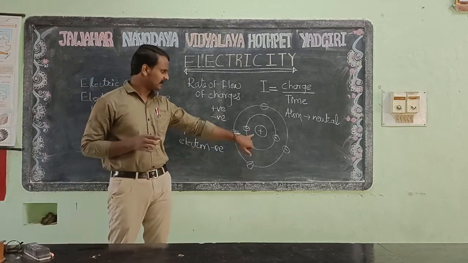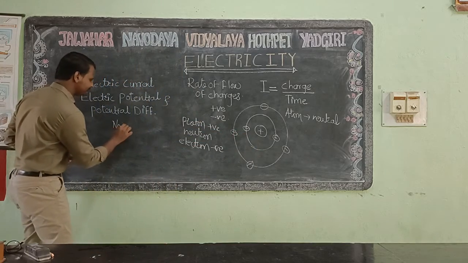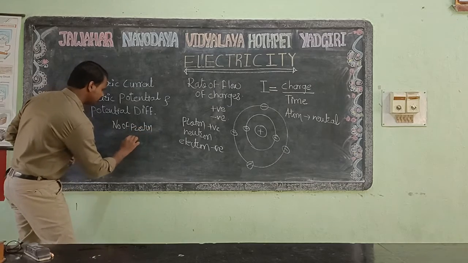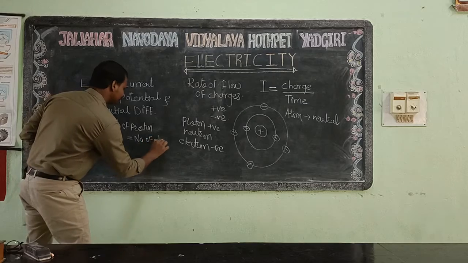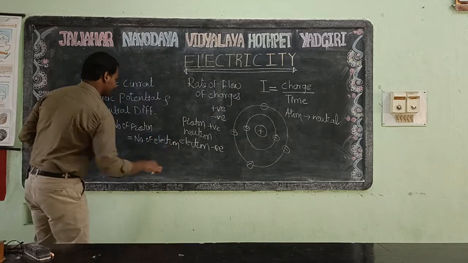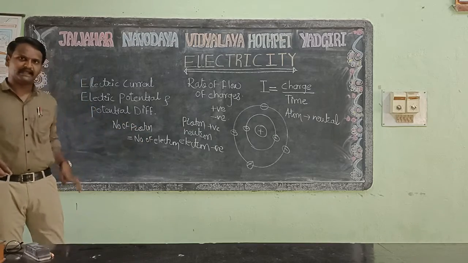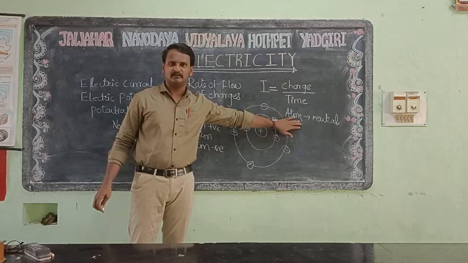Now the main part is that the number of protons is always equal to the number of electrons. That's why atoms are electrically neutral.